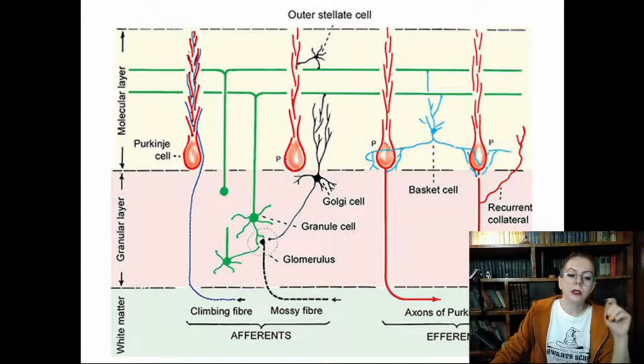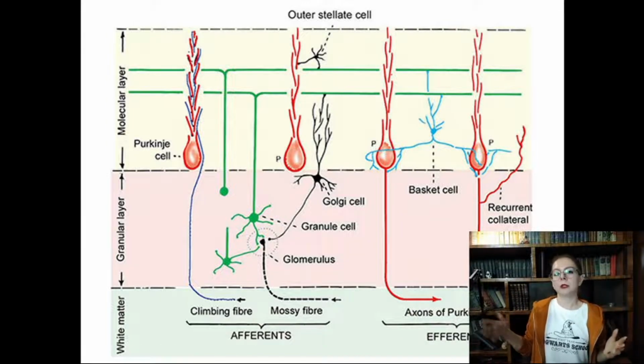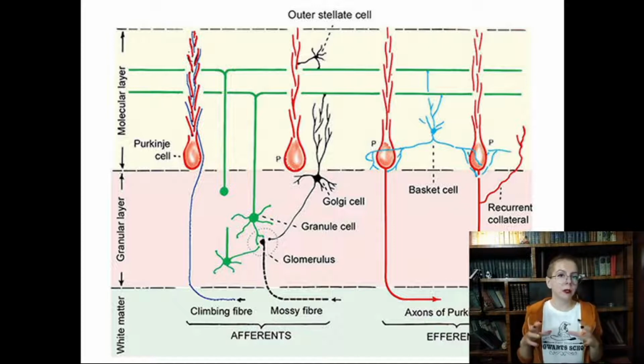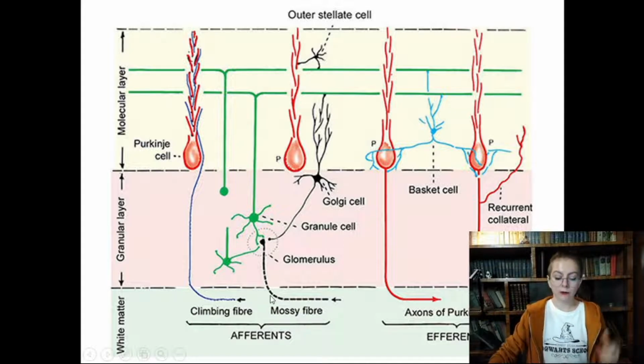Then, let's analyze the impulse. Let's trace the impulse which is brought with the help of mossy fibers. So mossy and climbing fibers bring information to the cerebellar cortex from our joints, muscles, vestibular apparatus about the location of our body in a 3-dimensional space. And you know that the cerebellum in general is responsible for our locomotion, for our balance, equilibrium, and acts. So mossy fibers bring the excitatory information and then transmit this impulse to the granular cells.